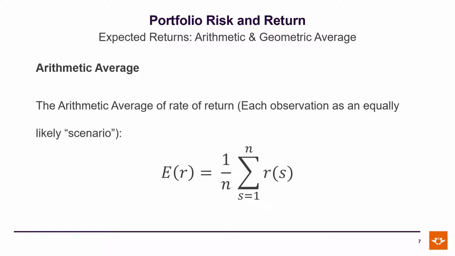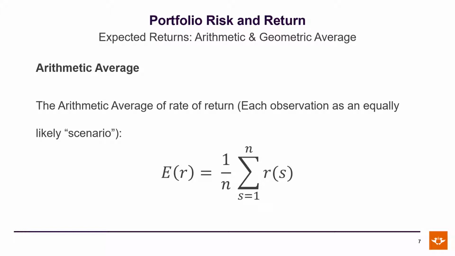And each observation or each return in our set of data is equally weighted or equally likely. We use the arithmetic average in order to forecast returns, because we don't know what they're going to do in the future. We just take whatever returns we have, we find its average, and we use that as our estimate for how the asset will perform in the future.